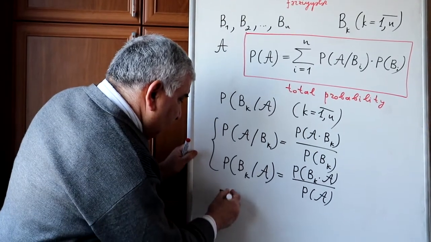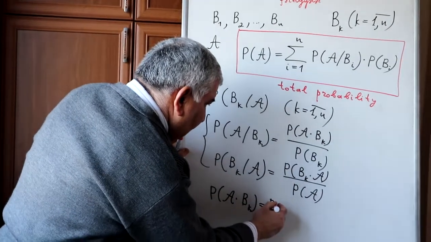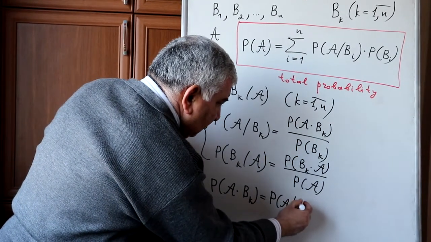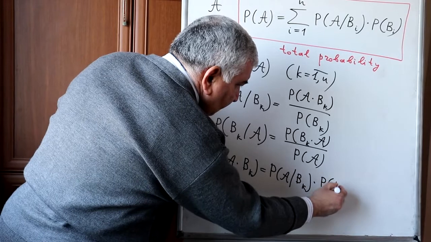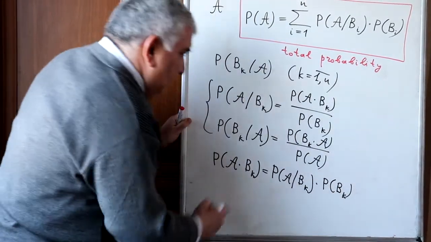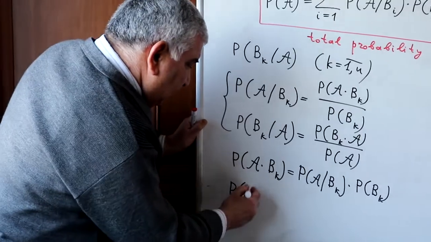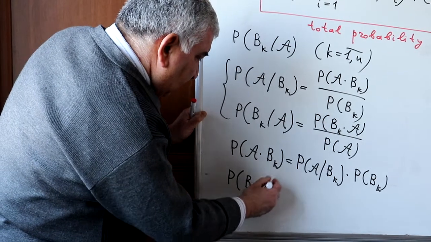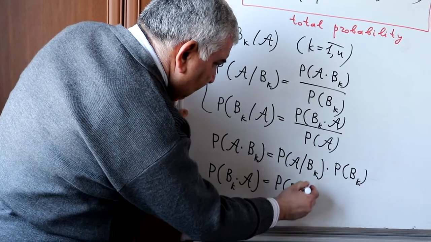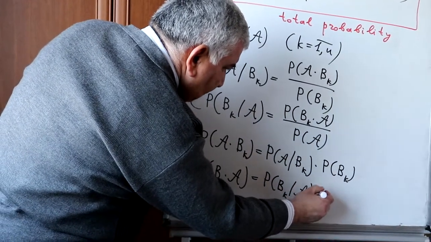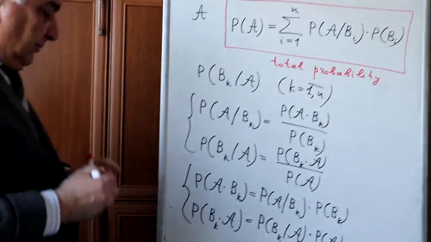P of A multiplied by Bk equals P of A under condition of Bk multiplied by P of Bk, and from the second formula we have that P of Bk multiplied by A equals P of Bk under condition of A multiplied by P of A. It is a system of the formulas.